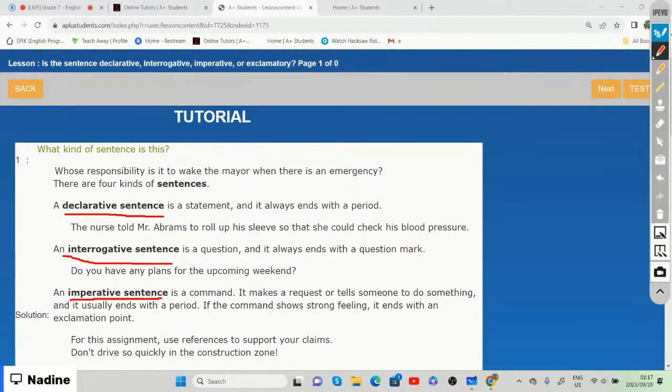So an imperative sentence is a command. It makes a request or it tells someone to do something. And it usually ends with a period or an exclamation point. That is if strong feelings or emotions are being shown, then only it ends with an exclamation point.